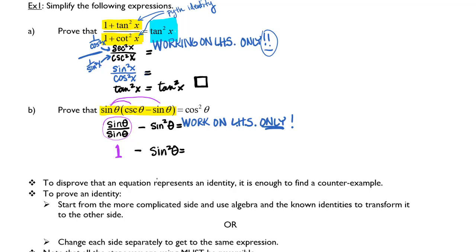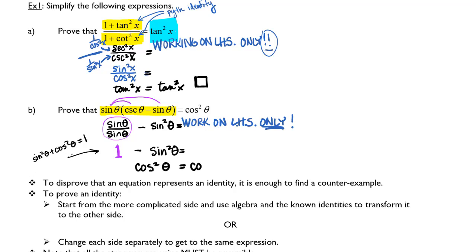Hey, that looks familiar. That looks a heck of a lot like a Pythagorean identity. I think that's equal to cosine squared theta. Yes, it is. Because remember, and if you can't keep these straight, you just write them off to the side. Sine squared theta plus cosine squared theta equals 1.